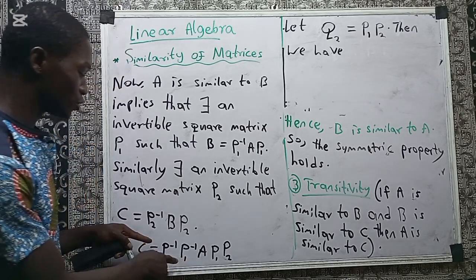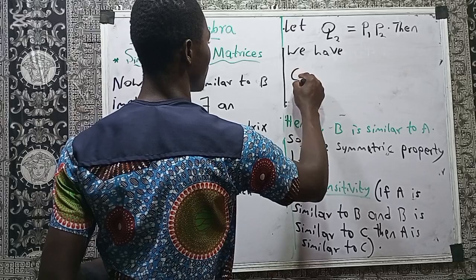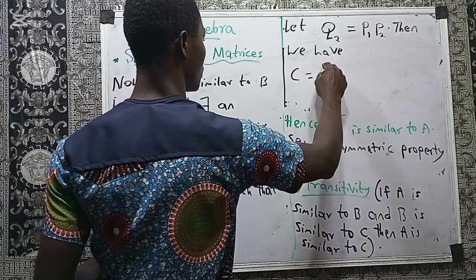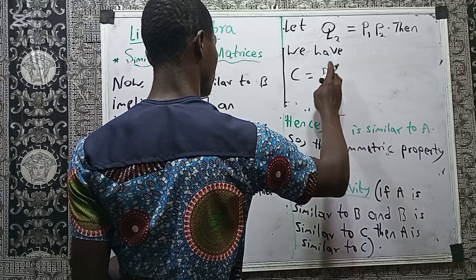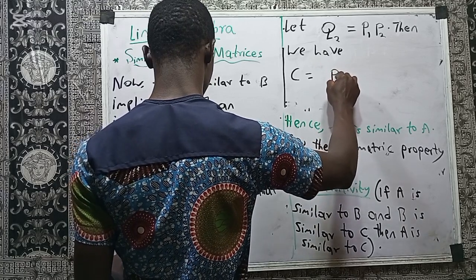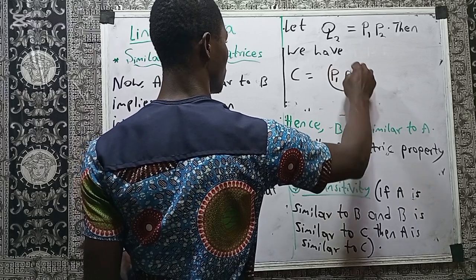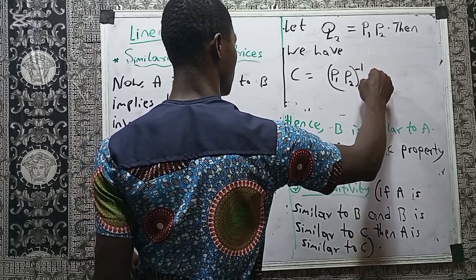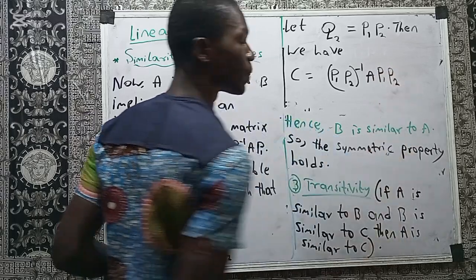Let's write C first: C will be equal to P sub 2 inverse, P sub 1 inverse, A, P sub 1 P sub 2.